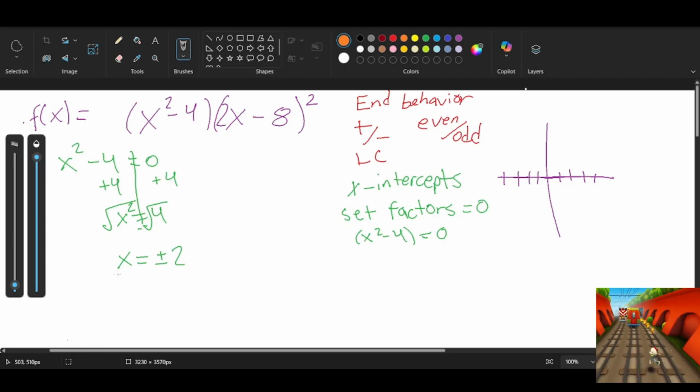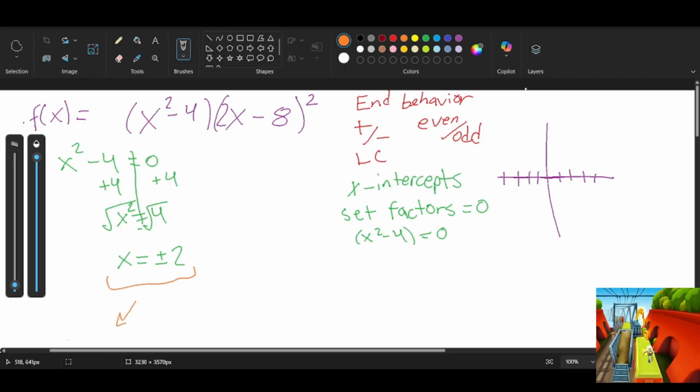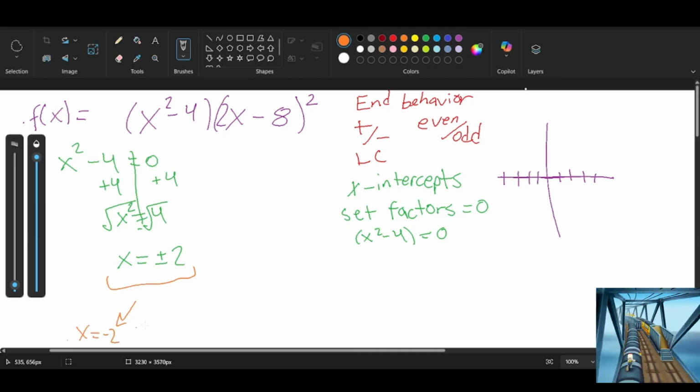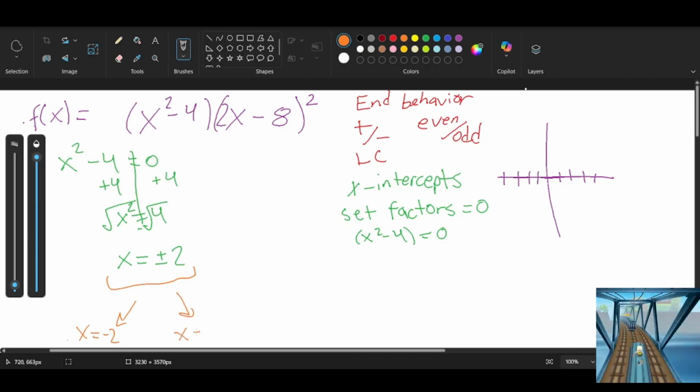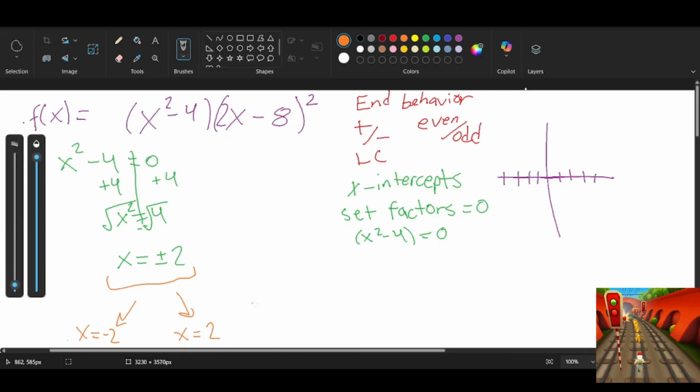So I got my x-intercepts: x equals -2, and x equals +2. Sometimes on the test, you might be given what the x-intercept is.